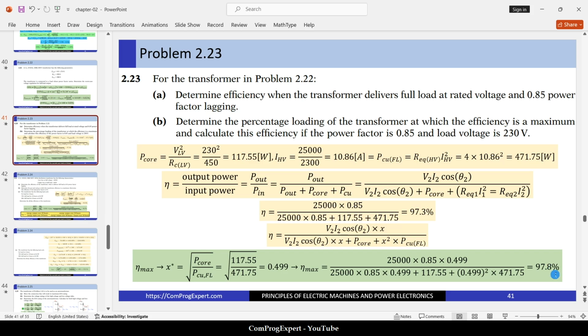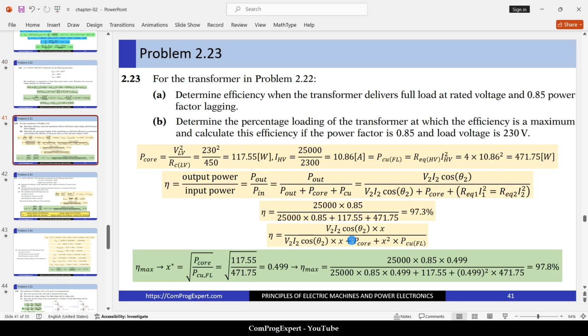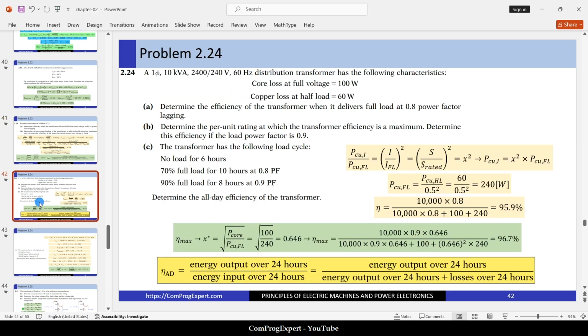Okay, so we calculated the efficiency for part B. Consider that the load voltage is equal to the rated one. The value of the core loss is the same, and we just have a load fraction x. Anyway, you can redo the calculations. Let's go for the next problem.